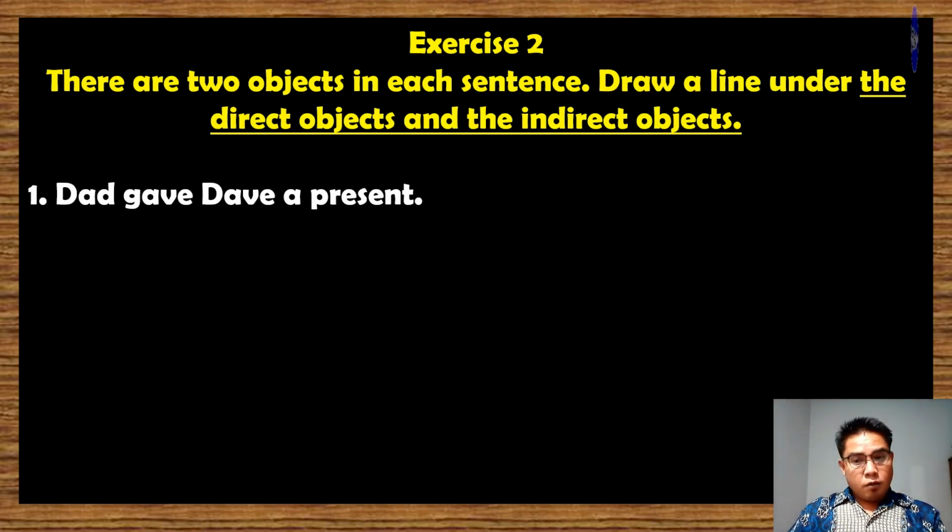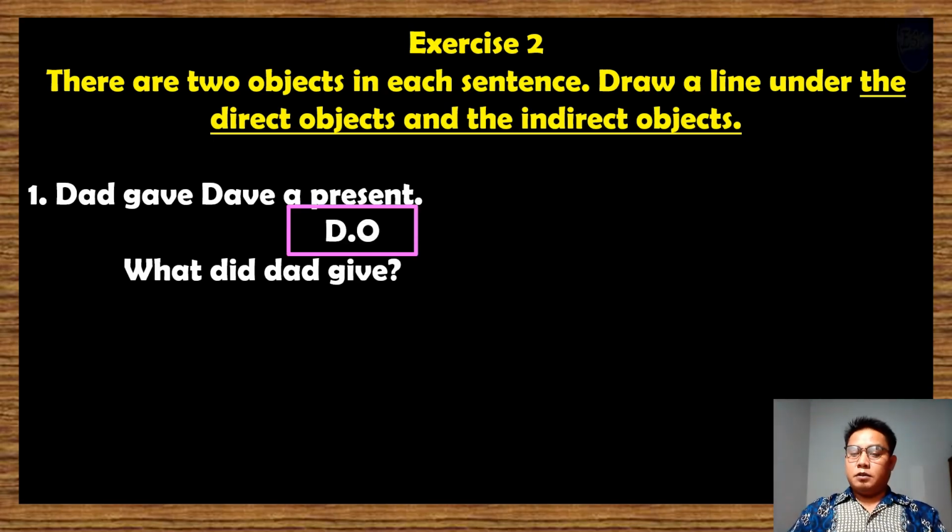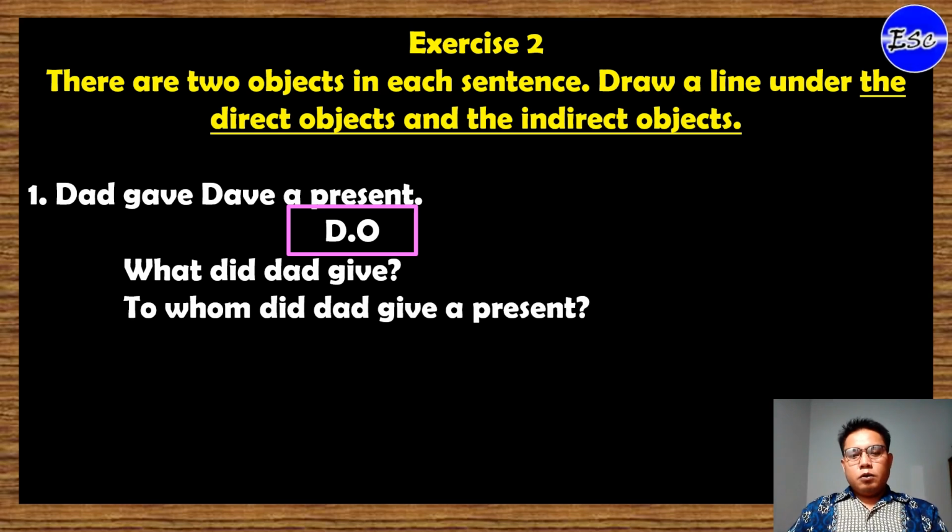Okay, let me do this. What did Dad give? Yes, a present. Because it is directly affected by the verb, that is the direct object. To whom did Dad give a present? Exactly, to Dave. So Dave is the indirect object.